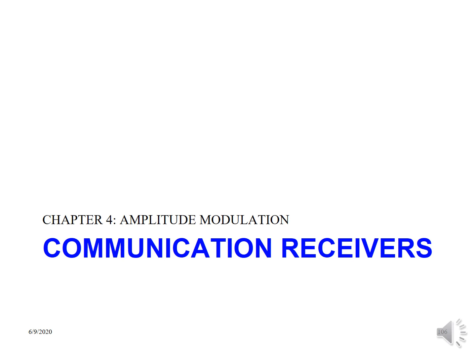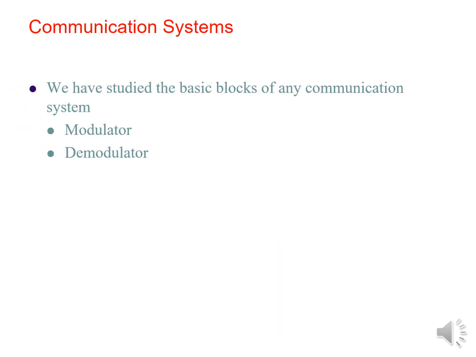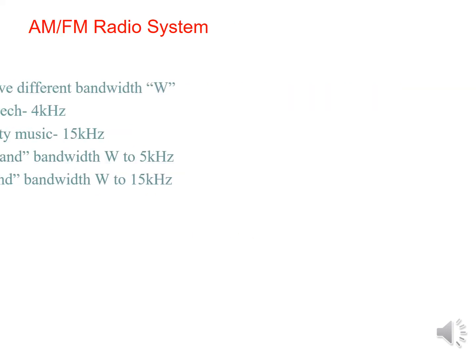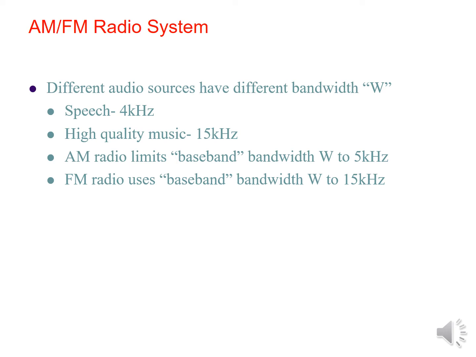Now we go to different types of communication receivers. The first thing we studied previously is modulation and demodulation. We have different kinds of modulation, and angle modulation we will see in chapter 5. Different audio sources will have different bandwidths.